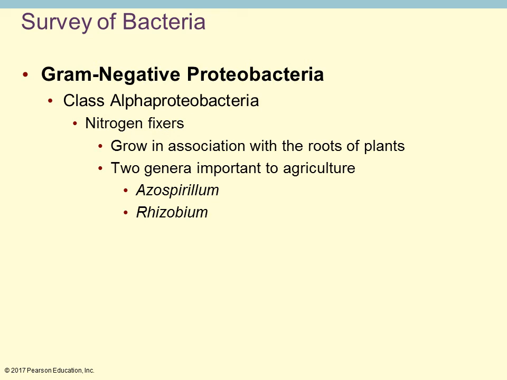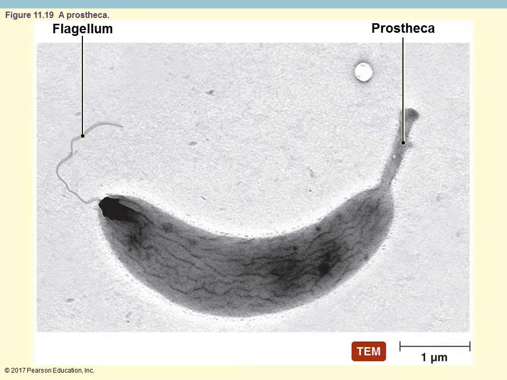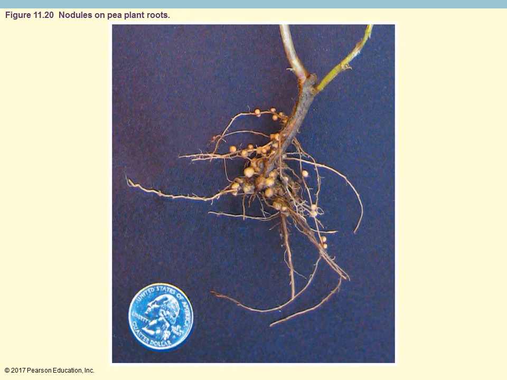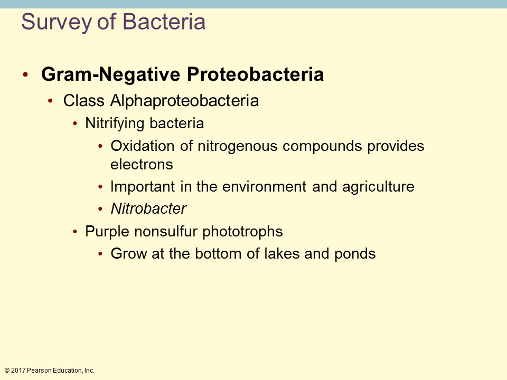So what these bacteria will often do is convert it to a form that they can use. Sometimes these will have flagella on them. Some of them will have a prostheca, which will help them stick to other surfaces. Rhizobium are known to form nodules on your legumes, like your peas, and it's a nitrogen fixer. So it's converting nitrogen into a form that the plant can use.